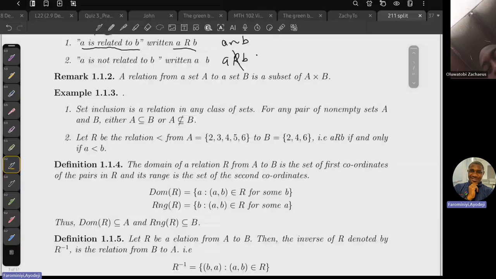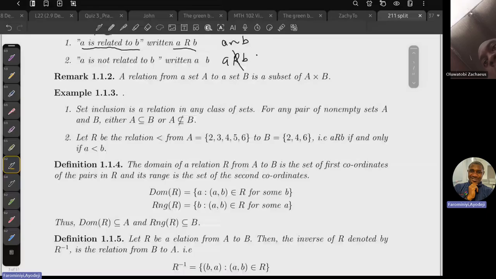When you have a group of people, you can say he is my relation. He's my brother and my sister. So we can define relation in terms of whether you are blood related, or whether you are related by the club you support, whether you are related by the religion you follow. These are kinds of relation.